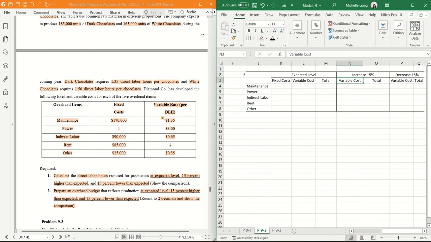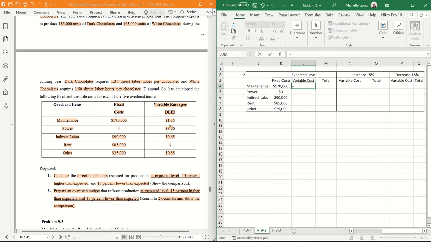For the first one, fixed cost, let's just fill it in first: 170, 0, 90, 85, and 25. The accounts are the same: maintenance, power, indirect labor, rent, and other.